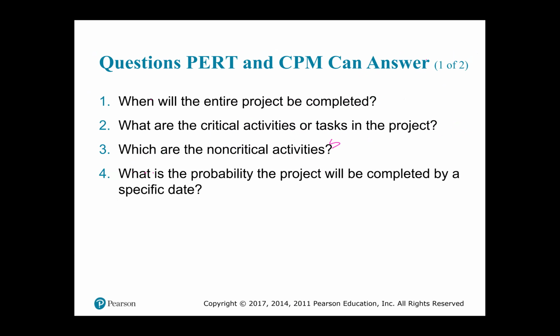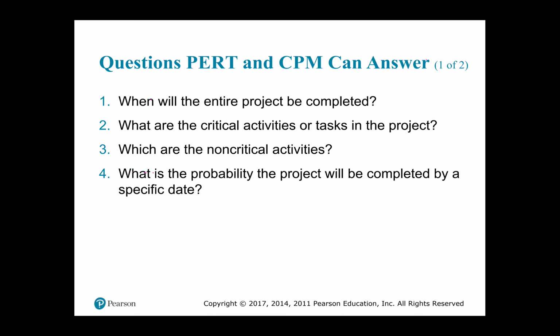So what are some questions that PERT CPM can answer? Well, it will have to answer some questions if we're going to take all that time to draw it. So what are some questions the project manager needs to know? For example, when will the entire project be completed, and how soon will it be completed?